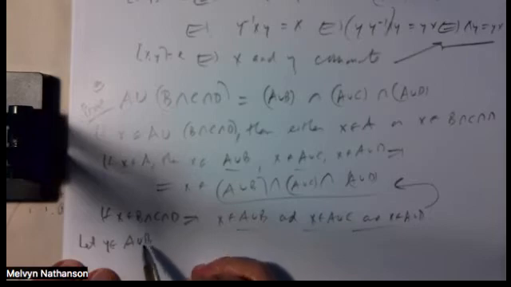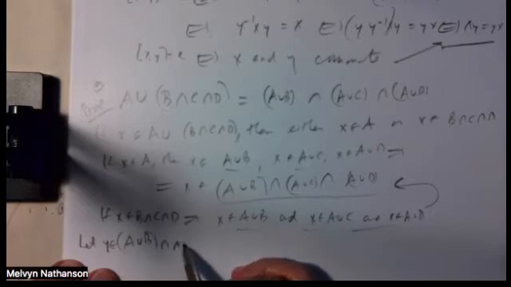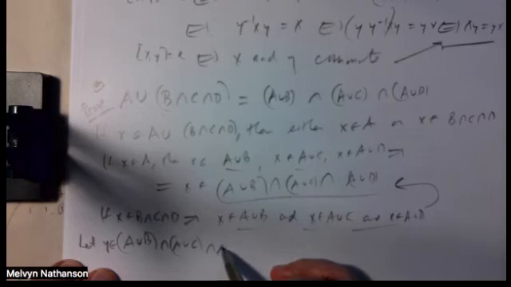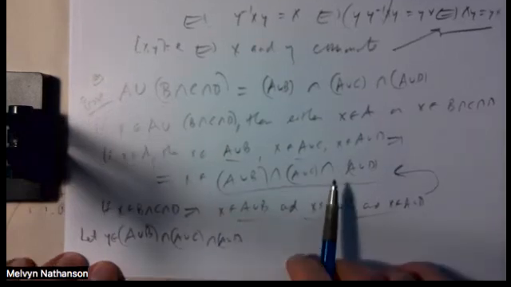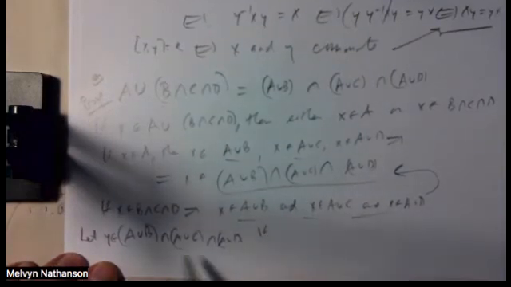So suppose Y is in (A union B) intersect (A union C) intersect (A union D). Again, there are two cases.